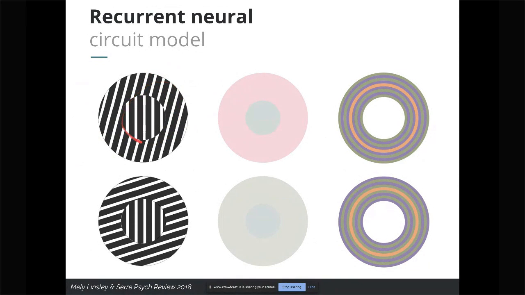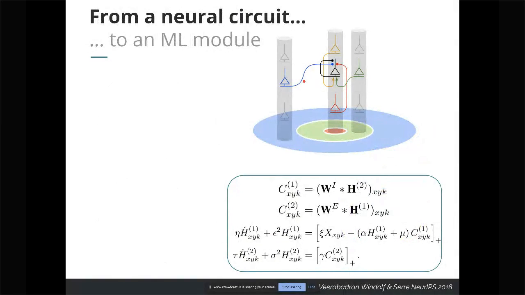So including both the orientation tilt effect, where I started from, in addition to color illusions, motion illusions, stereo illusions, etc.